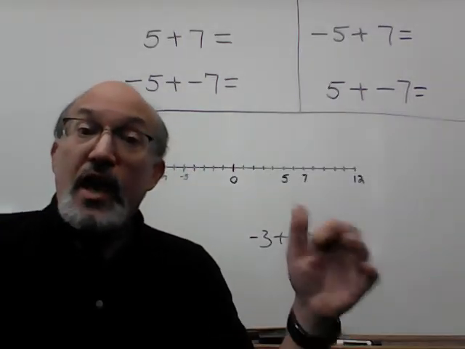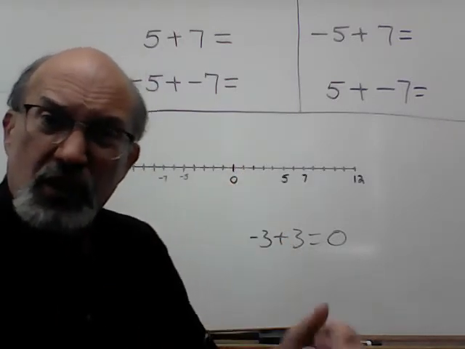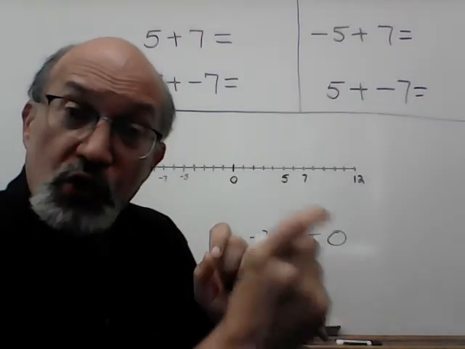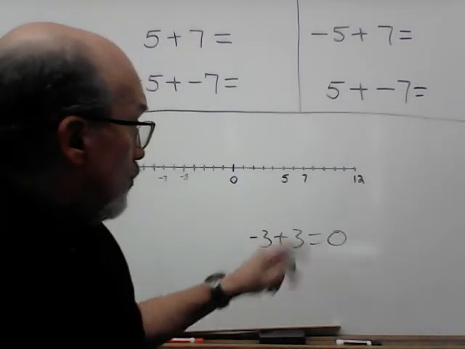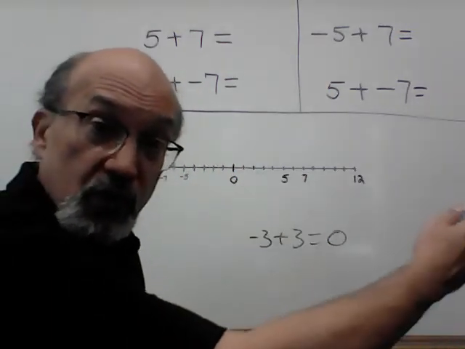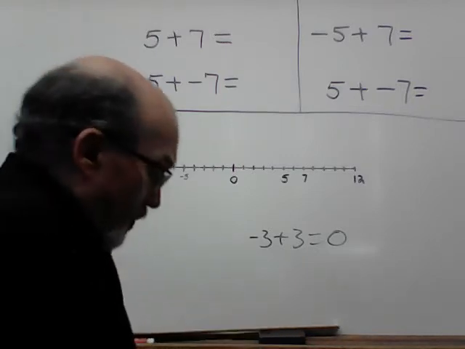And the reason for that, as we're going to explore on this number line with what are known as vectors. Vectors are arrows. The arrows have a certain length and a direction. We're going to represent positive numbers as arrows to the right, negative numbers as arrows to the left.